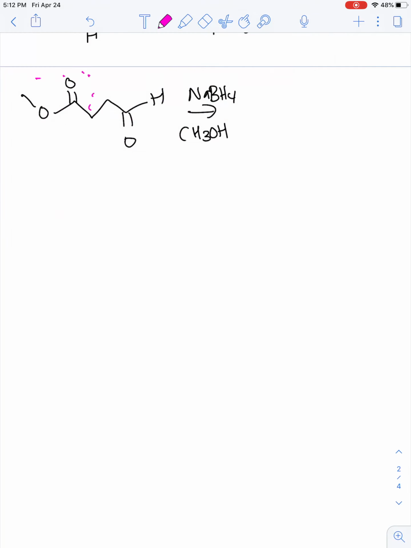Looking at this group right here, this is going to be an ester. And then this group right here is going to be an aldehyde. Because sodium borohydride is a mild reducing agent, we know that we cannot reduce the ester. So let's number our carbons.